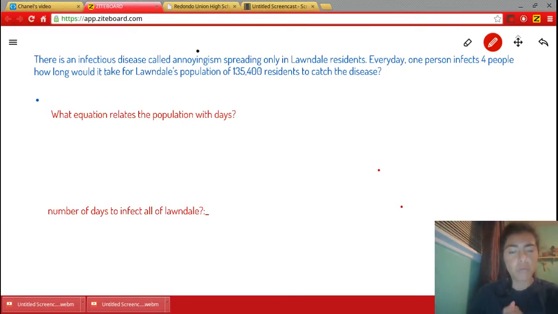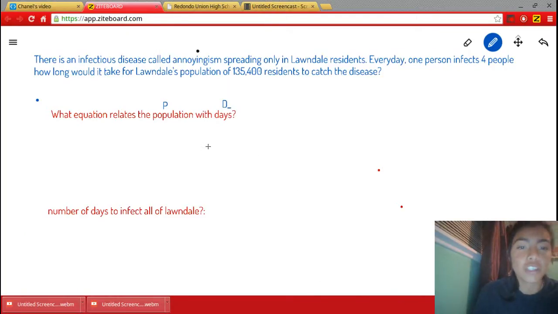So we'll substitute our population with P, and our days with D. Now we already know our population is 135,400 residents, and we want to find out how many days.